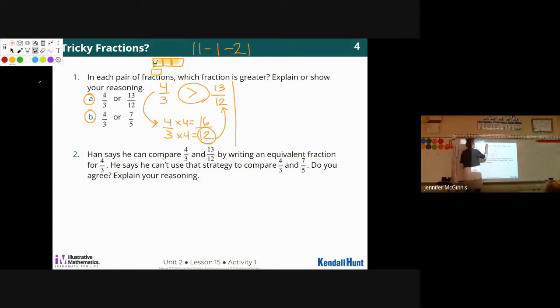So here is 3/3. That's the whole, right? And here is a 4th little third. Do you see what I did there? Now, if I'm going to draw 13/12, it's going to be very challenging in such a small space, but give me a second. Let me try again.